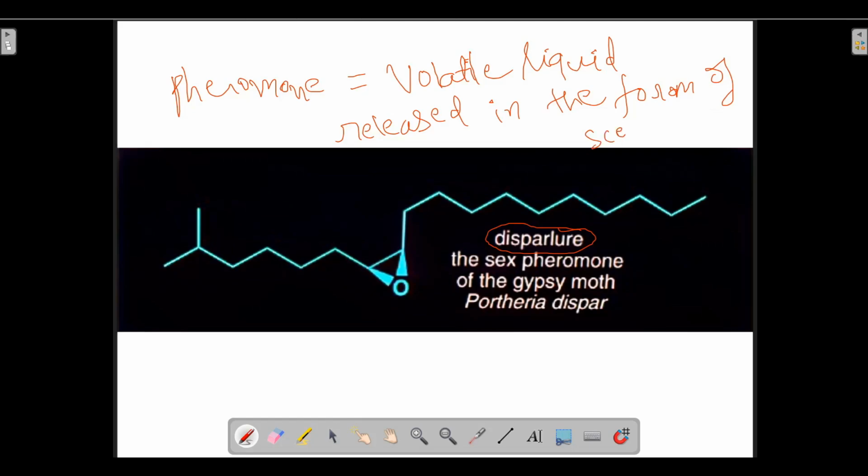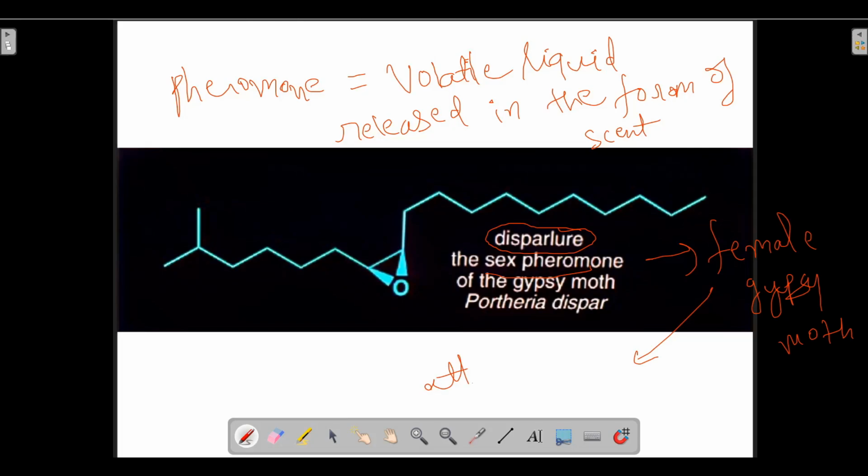So this is a sex pheromone, that is, it is released by the female gypsy moth to attract the male gypsy moth.